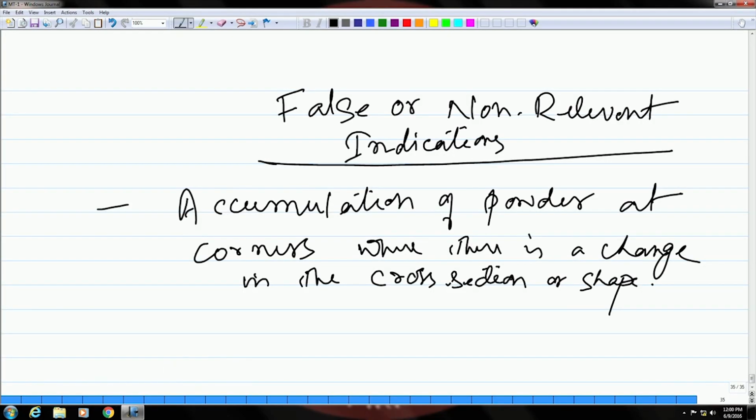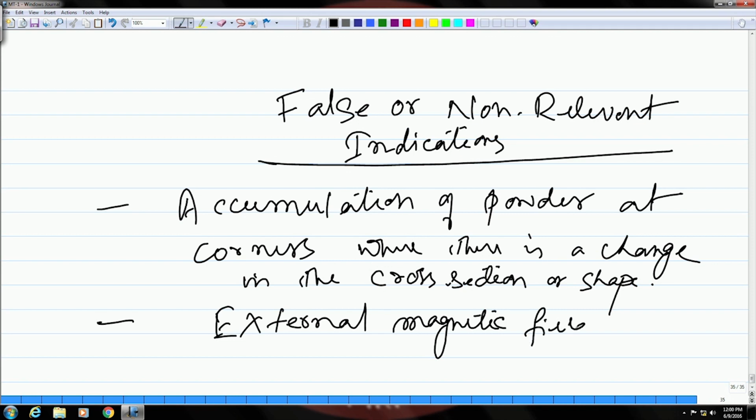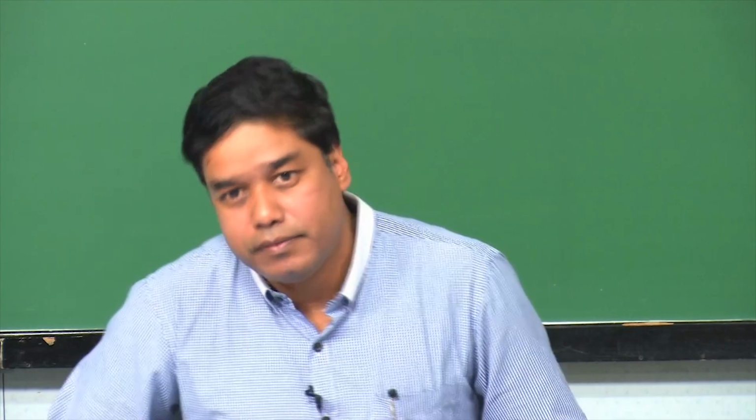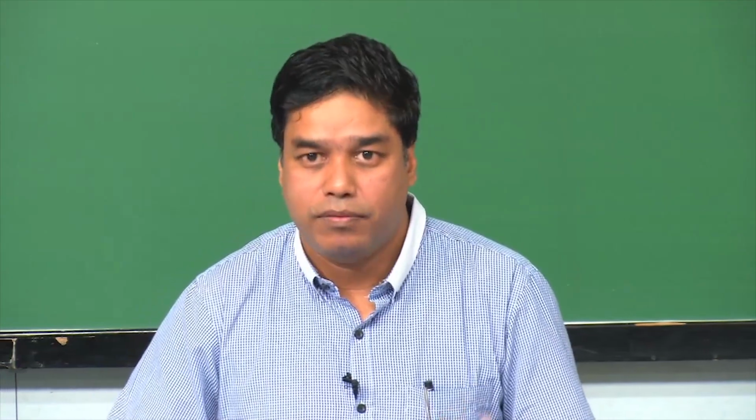Then if you have an external magnetic field present around the part, because of this external magnetic field close to the sample, these can also generate false indications or non-relevant indications.